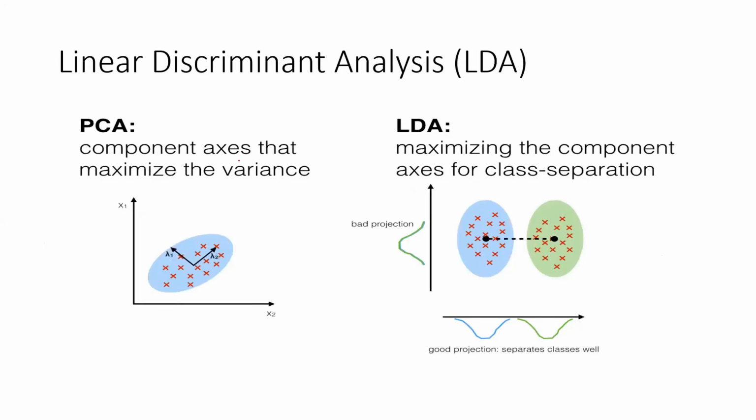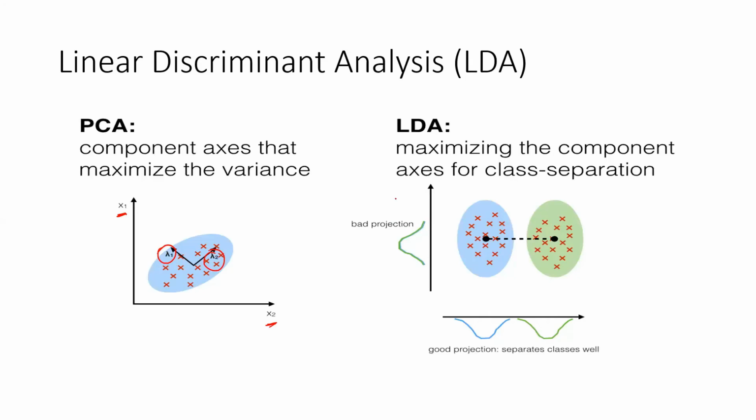In PCA, we have to get a new axis and maximize the variance, and we converted these x1 and x2 components into lambda 1 and lambda 2, and we said that yes, this is the new dimension. But for LDA, the projection matters, from which side you are looking.